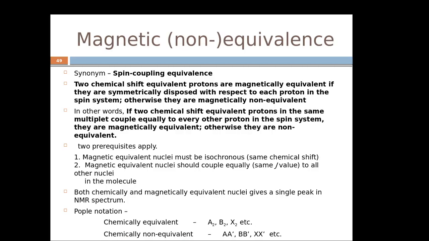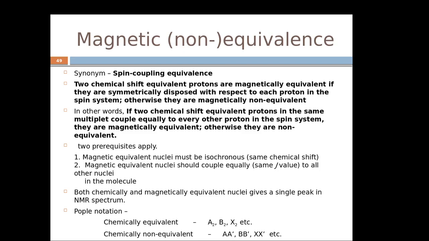system. So in addition to chemical equivalence, we can define something else called magnetic equivalence or magnetic non-equivalence. In other words, this is called spin coupling equivalence.